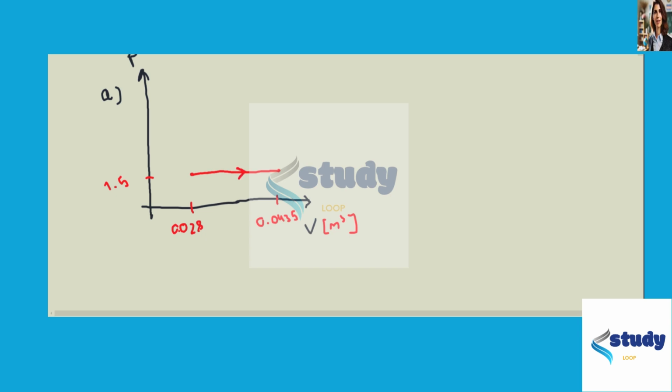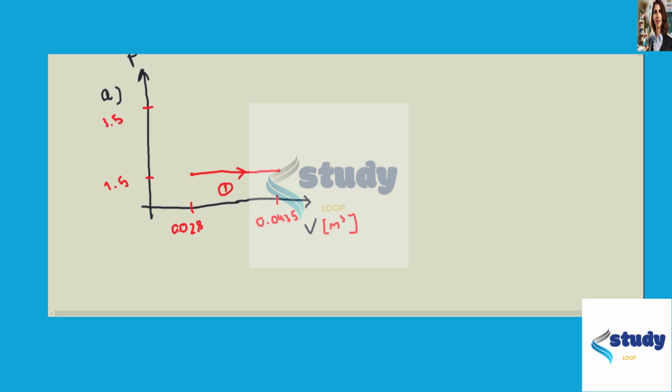This is the first process. Now the volume will stay constant in the second process, but the pressure will change, and the final point is here, for example, and this is going to be 3.5 times 10 to the fourth pascals.